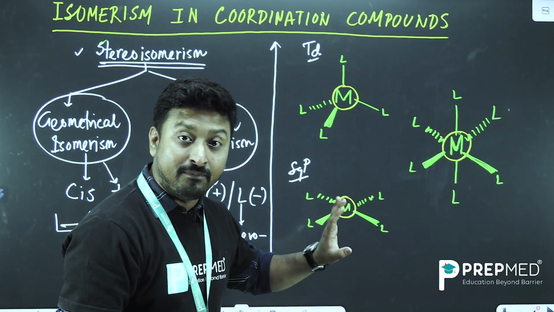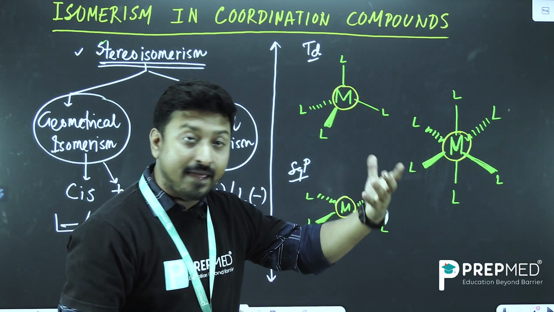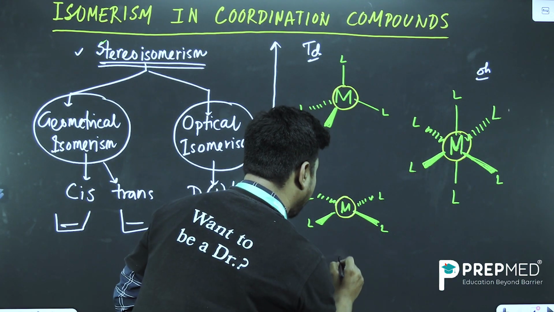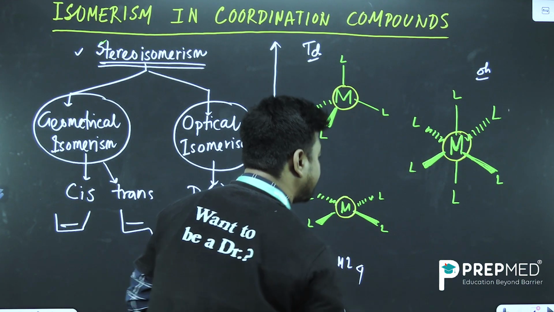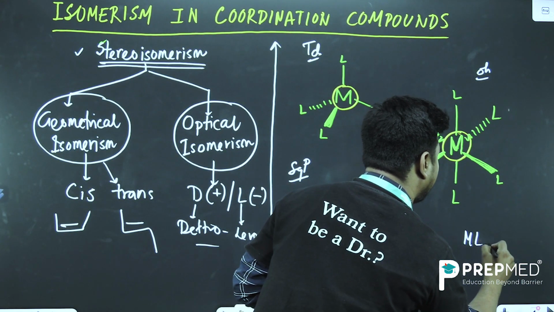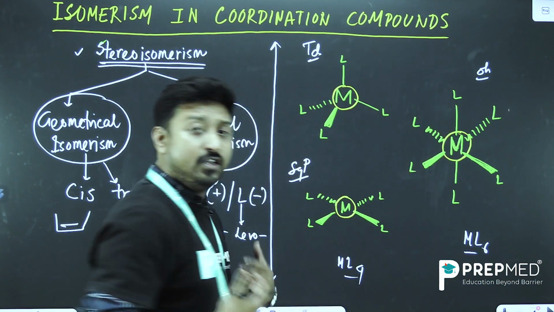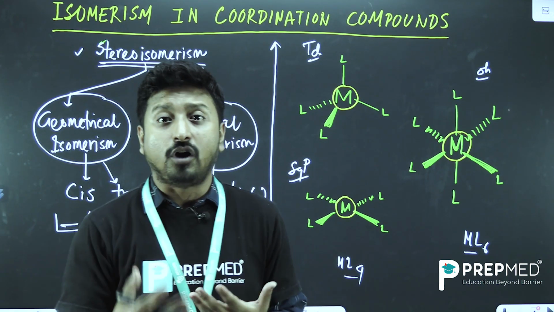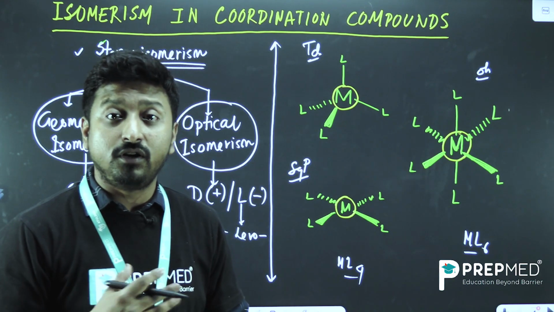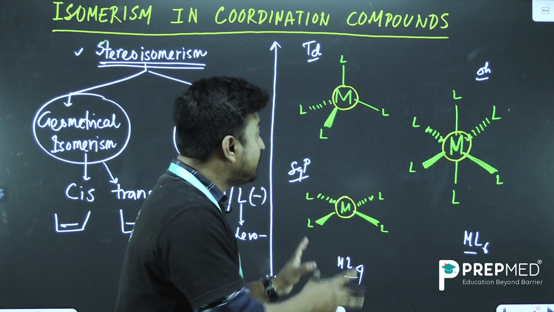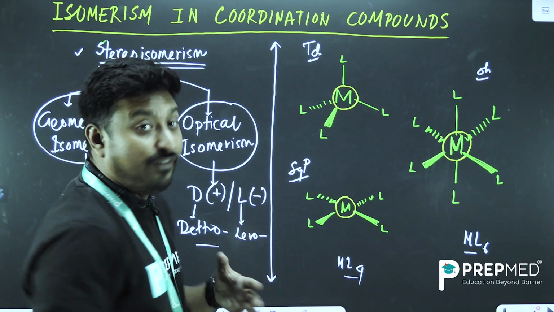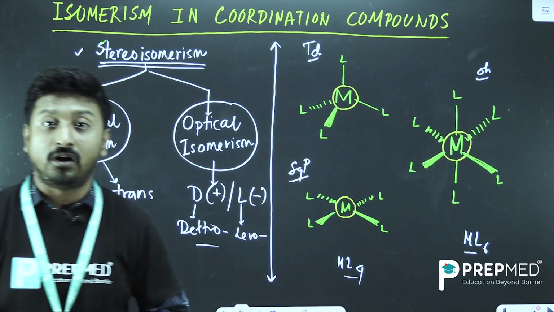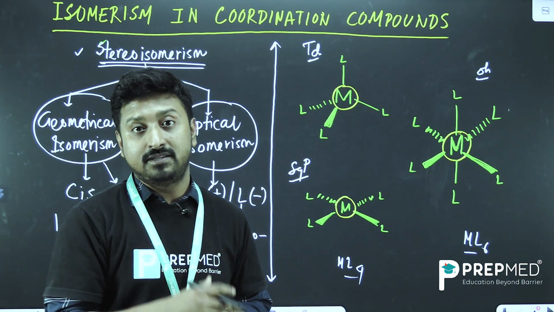This is also an ML4 geometry, and we get ML6 geometry, that is your octahedral complex, right? So here I am writing ML4 complexes and here I am writing ML6 complexes. Now both of them will show different stereoisomers, right? In this video we will talk about the geometrical and optical isomers for the ML4 complexes, and in the next video we will talk about the same thing for the ML6 complexes.